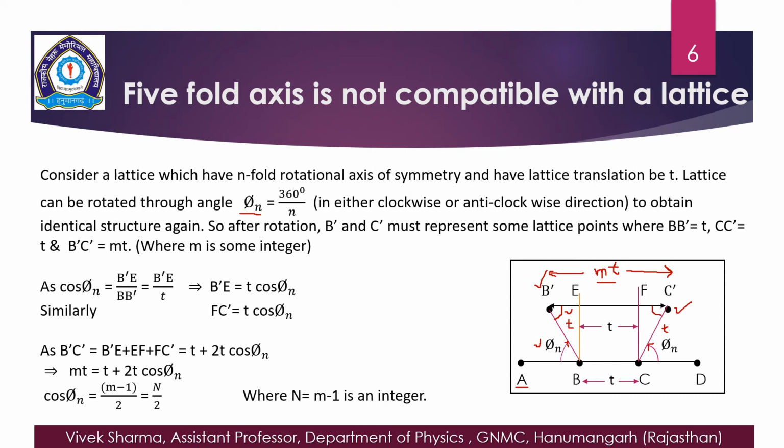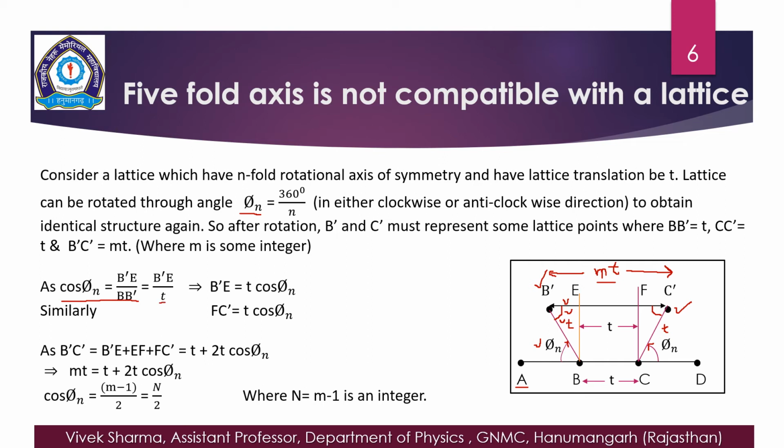So triangle B dash E B is a right angle triangle. In this triangle, if we consider cos phi n, then cos is base upon hypotenuse. The base for this phi n angle is B dash E, and hypotenuse is B B dash, which we have written here: cos phi n equal to B dash E upon B B dash. B B dash equals T, the translational vector.